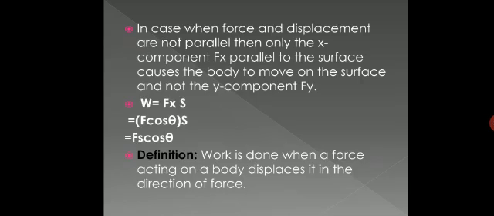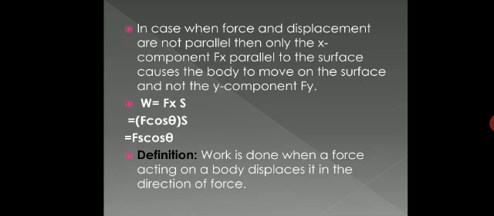In case force and displacement are not parallel, because they are not in the same direction, only the x component of force, parallel to the surface, causes the body to move on the surface, not the y component. Hence, the formula becomes work done equals Fx into S.